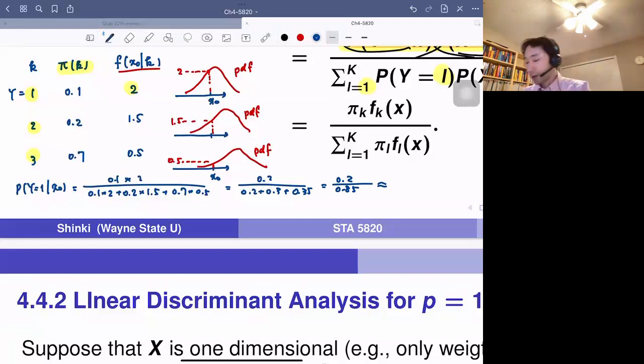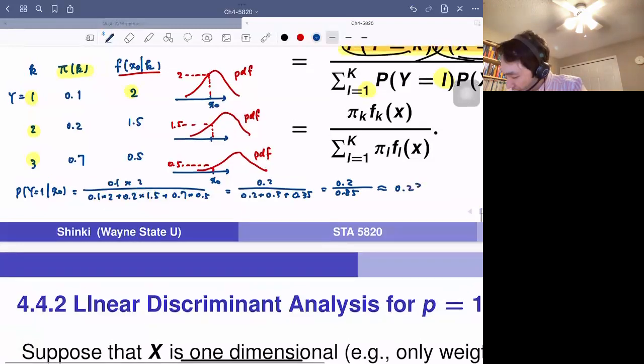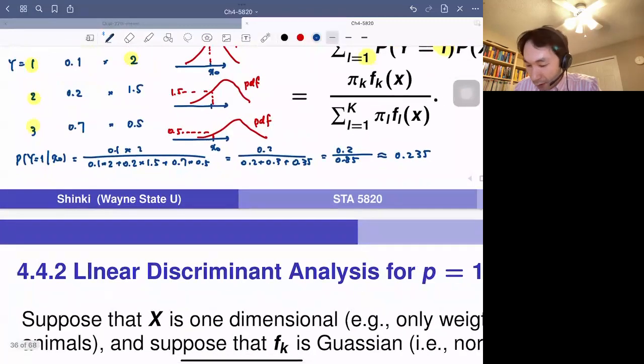So this is 0.235. And actually, in this case, basically the product matters. So y is equal to 3 is more likely. The probability of y equal to 3 given x0 becomes 0.7 times 0.5 over the same denominator.